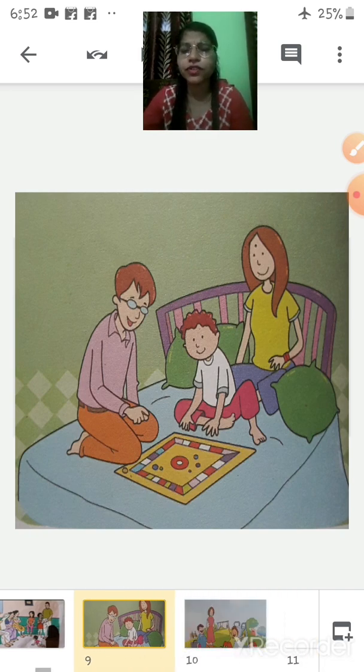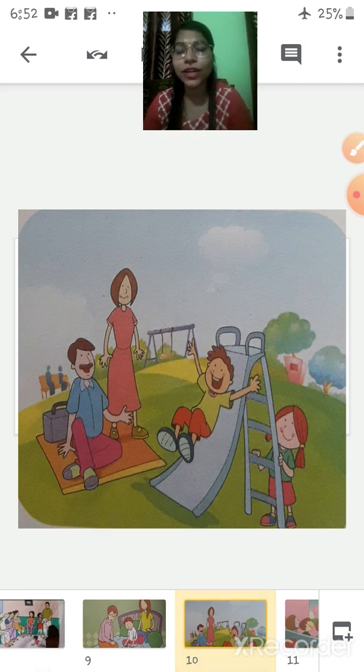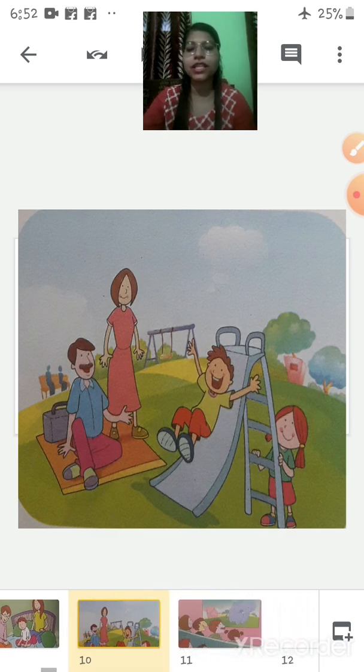What else do you do with your family? Look at this picture. Where are they? They are in a park. They are having a picnic. What are the children doing? They are playing. The boy is sliding. What else do you do?